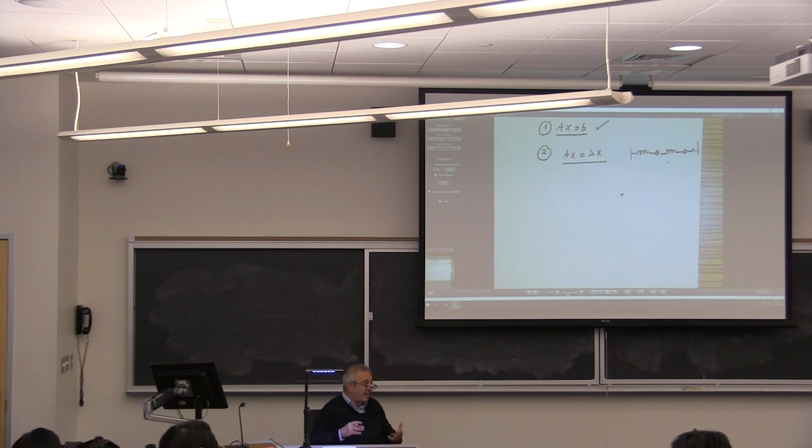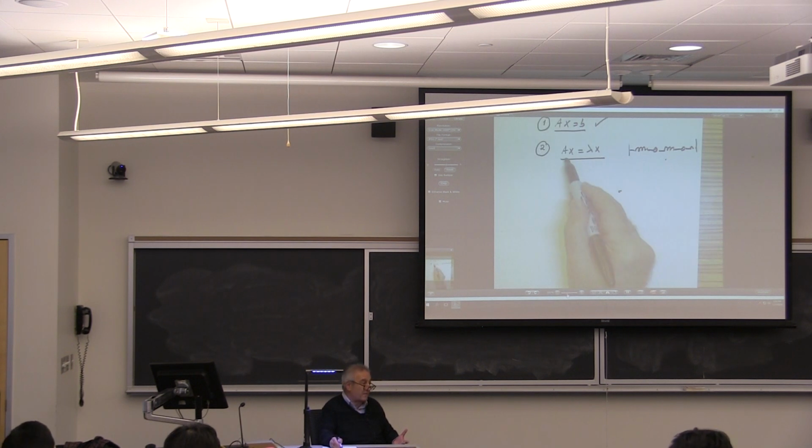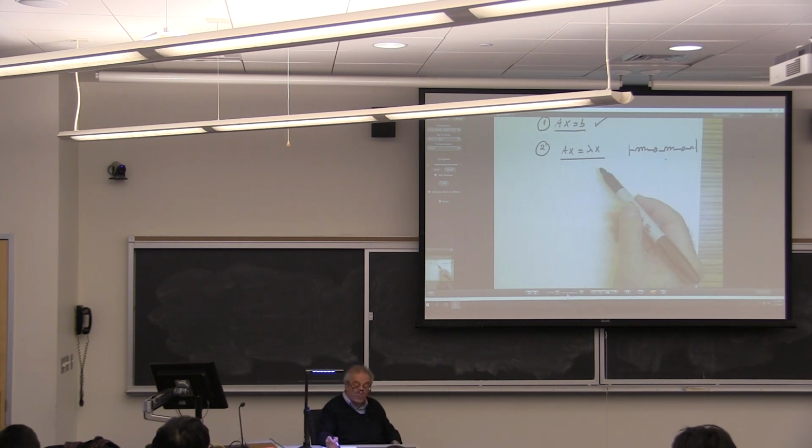You substitute that, and the end result becomes equations of the form AX equal lambda X, okay? The modes of that oscillation can be obtained through the solution of this eigenvalue-eigenvector problem, okay?